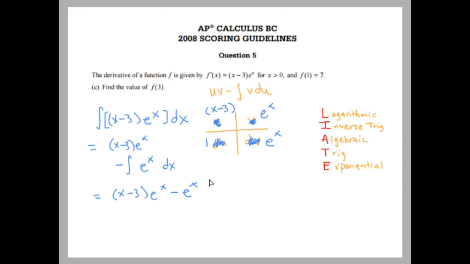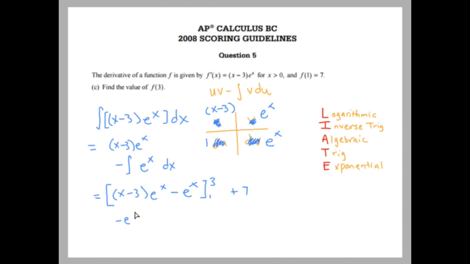But this isn't our answer because it's asking us to find the value at 3, and it gives us an initial value here. F of 1 is equal to 7, so we'll add 7 here on the outside, and then we'll evaluate this whole thing from 1 to 3. So we'll plug that in. 3 minus 3 is 0.